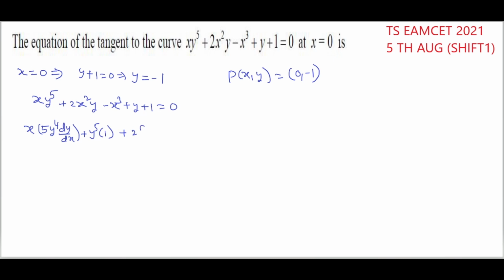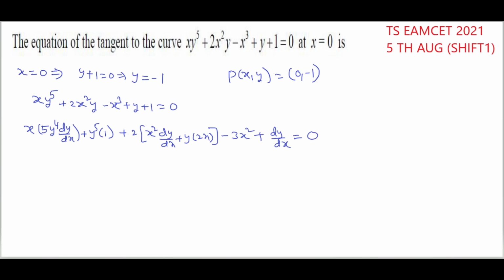Plus here 2 is constant, x^2 y derivative, applying the UV formula: x^2 into dy/dx, plus y into 2x, minus x^3 derivative, that is minus 3x^2, plus y derivative, that is dy/dx, plus 1 derivative 0, equal to 0.